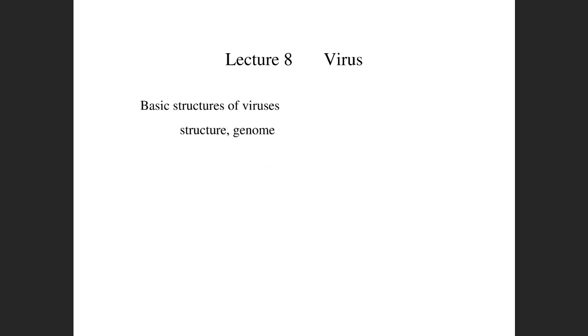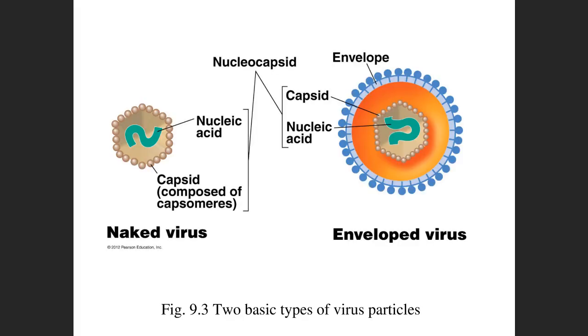So to understand the basics of virus, we need to understand the structure and its genome. And at the very basic part, there are 2 basic types of virus. One is what's called the naked virus, and one is called the enveloped virus. The difference is that the naked virus has 2 parts. It's called the capsid, which is the shell.